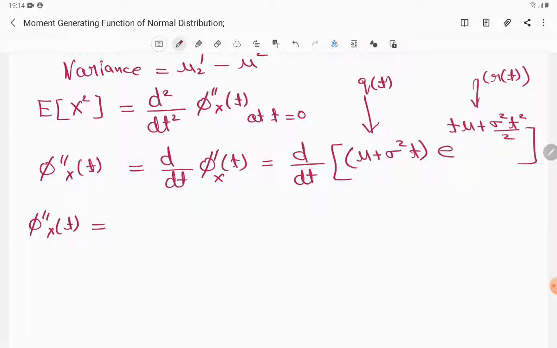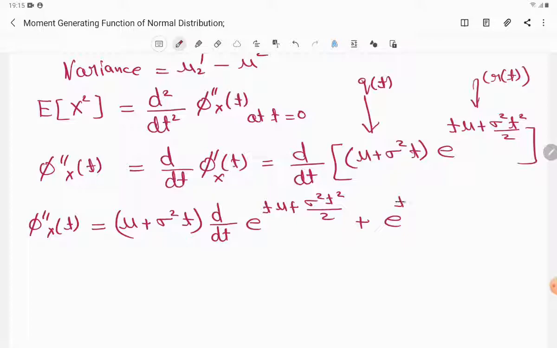So first I'm going to take the first function outside, that is mu plus sigma square t, and then I will do d by dt of e power (t mu plus sigma square t square divided by 2), plus then I will take the second one outside, that is e power (t mu plus sigma square t square by 2), and then d by dt of (mu plus sigma square t).